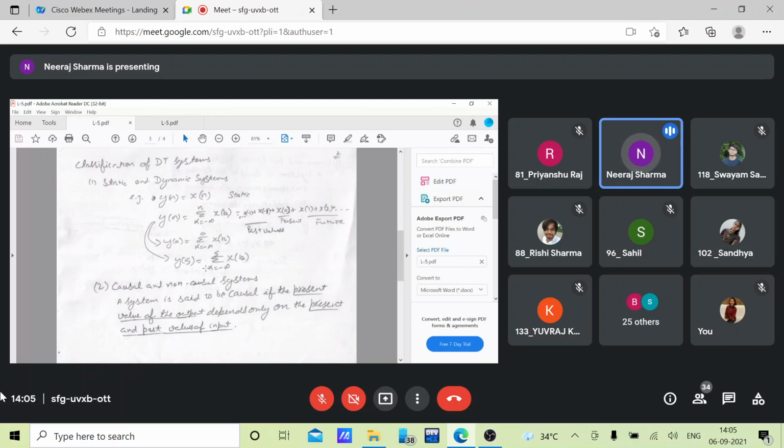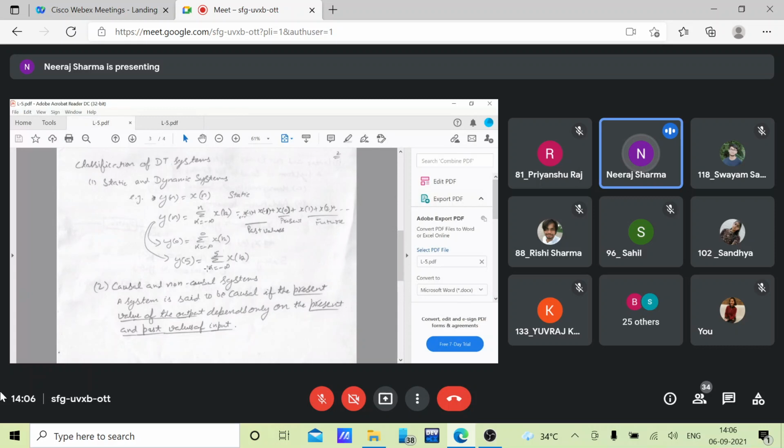So it will become x at minus infinity, x minus n, x minus m, x0 plus x1 plus x2 plus x3 plus x4 plus x5. So in this case, the output y5 is a function of the present input as well as of the previously applied input signals.